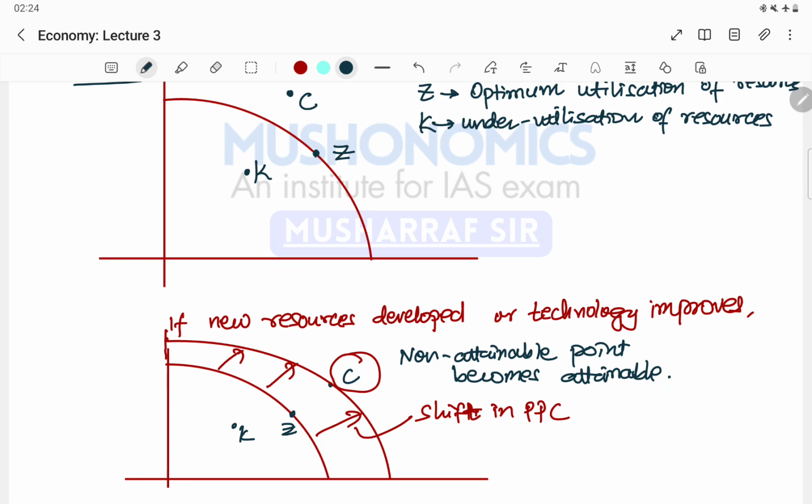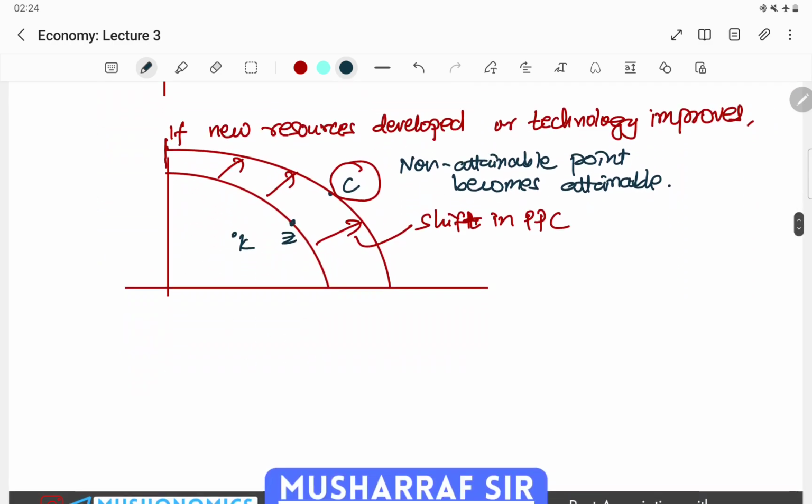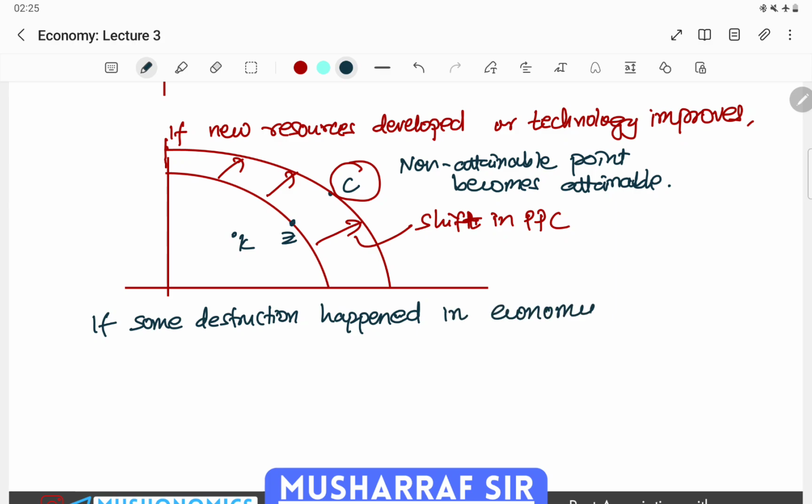Right? But suppose a condition, if some destruction happened, natural calamities or something like that, if some destruction has happened in the economy, then what will happen?